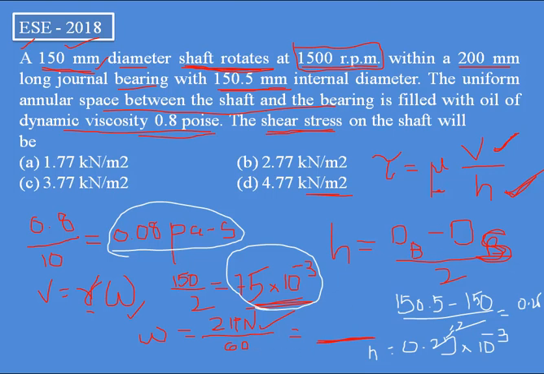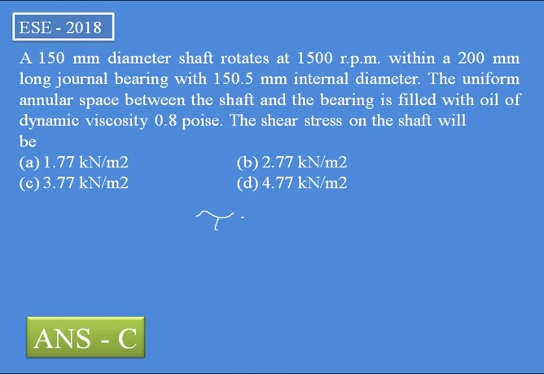And if you substitute that in these, and moreover h equals 0.25 into 10 to the power of minus 3, what you're going to get is 3.77 kilonewton per meter square. Just calculate all these values. Okay, we'll see that tau is equal to mu into V by h.